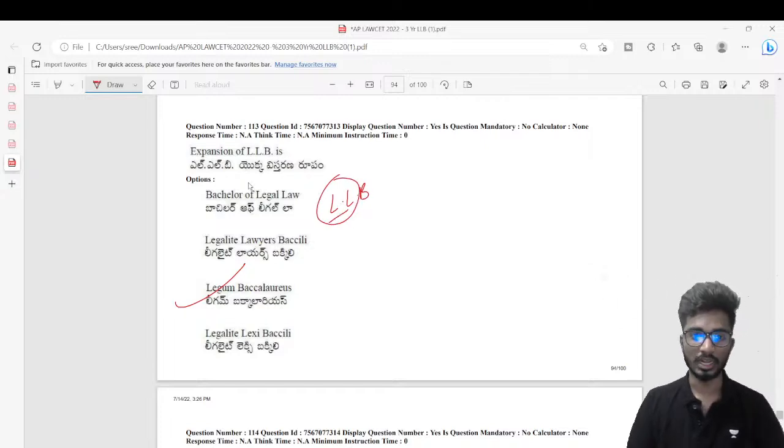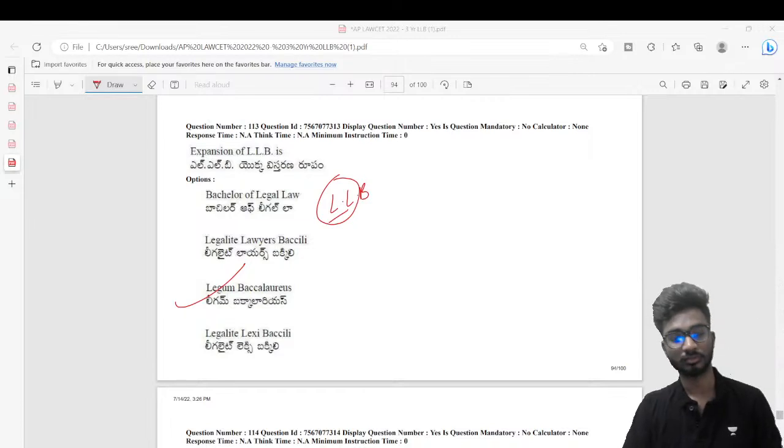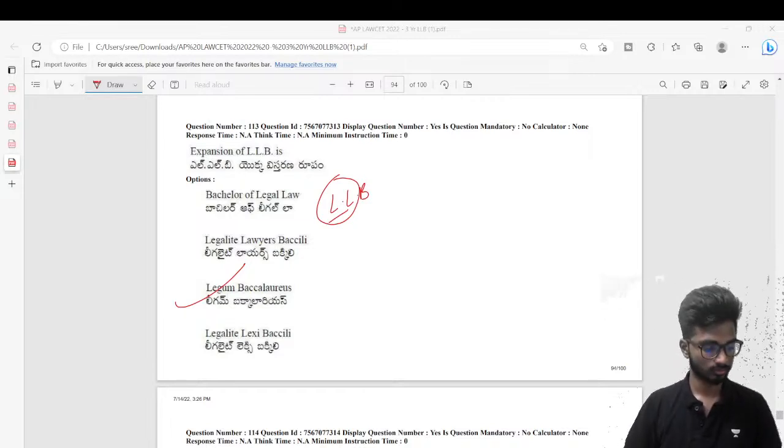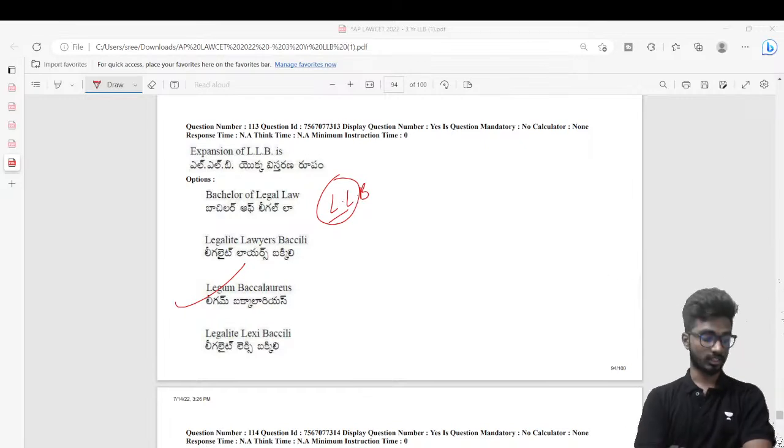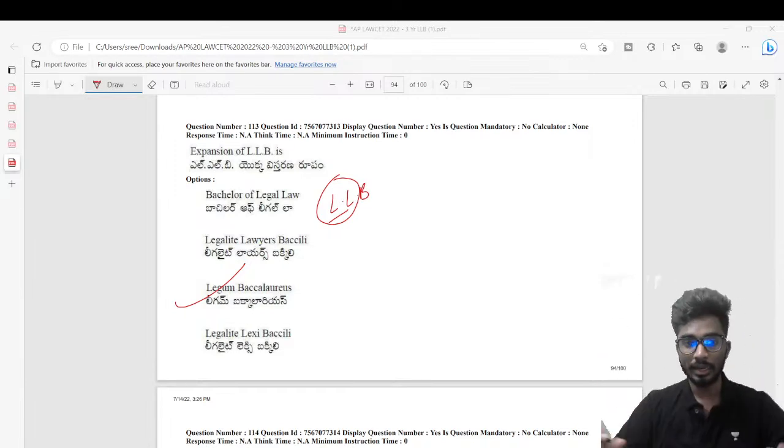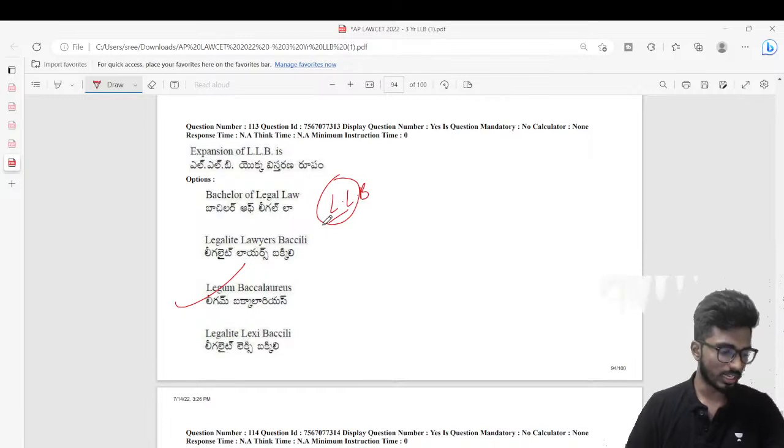Why are there two L's when it is legum baccalaureus? Answer it. There are two L's because in Latin, when you write a plural in short form, we write the letter twice.